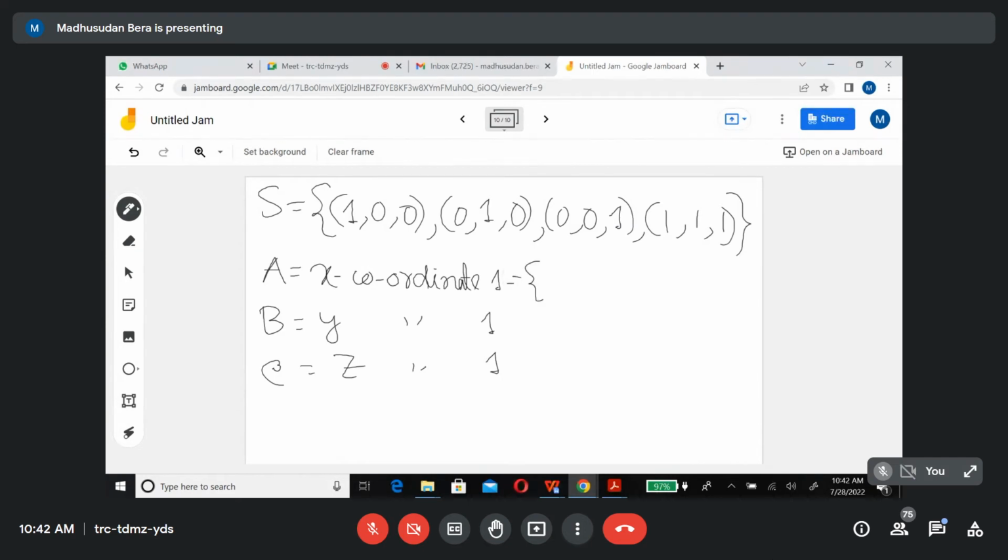What is the set A? 1 0 0 and 1 1 1. So what is the probability P of A? 1 by 2, 2 by 4, that is half. I will write in the next page.